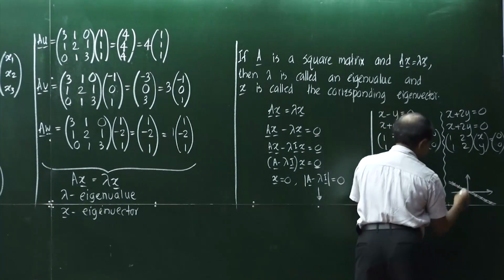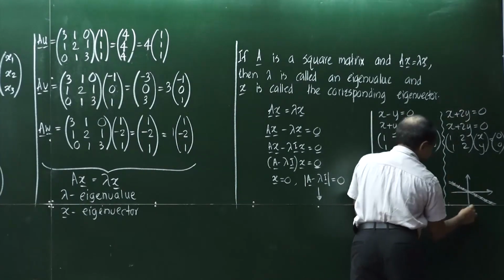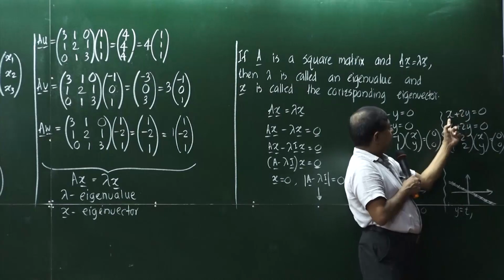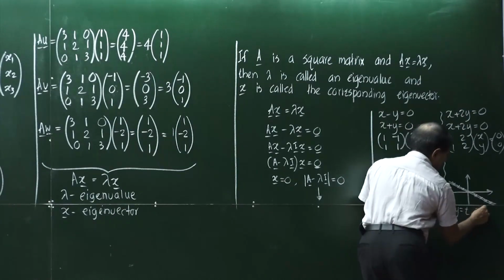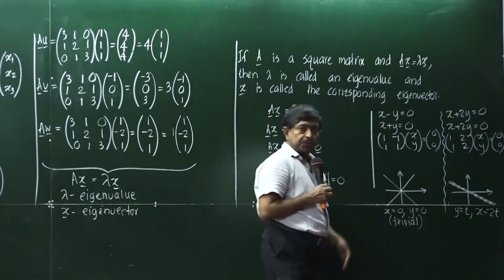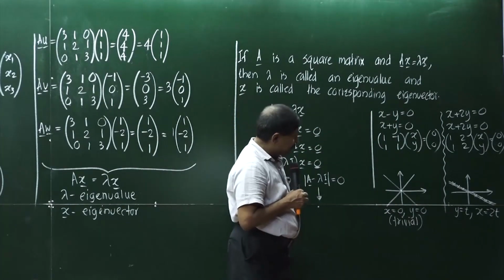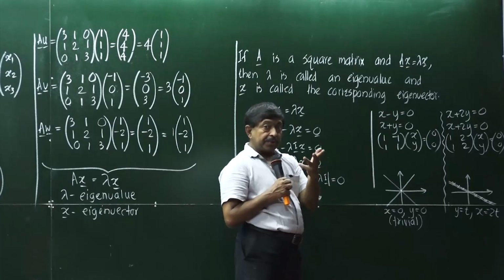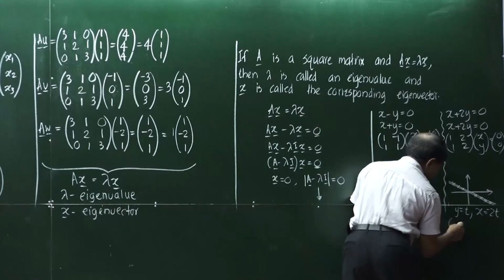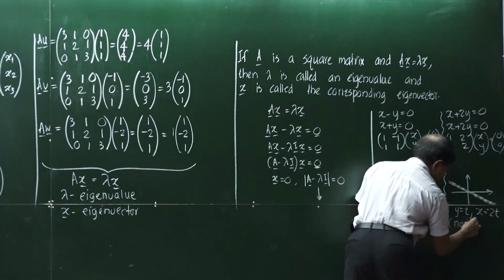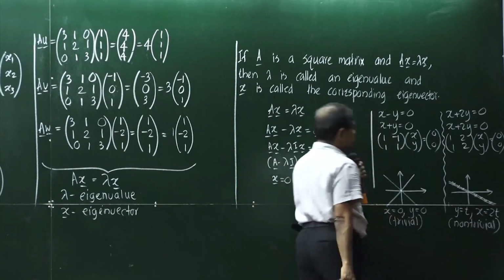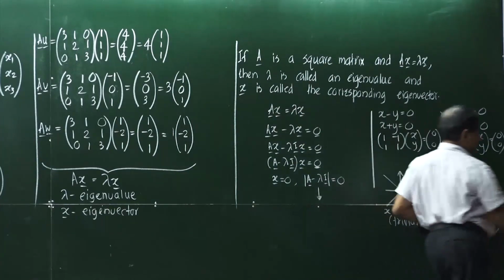For example, I take y is equal to t. If y is t, x is equal to minus 2t. If t is 1, you have 1 and minus 2. When t is 5, you get some other solution. Those are called non-trivial solutions. They have some values. Now look what happens.